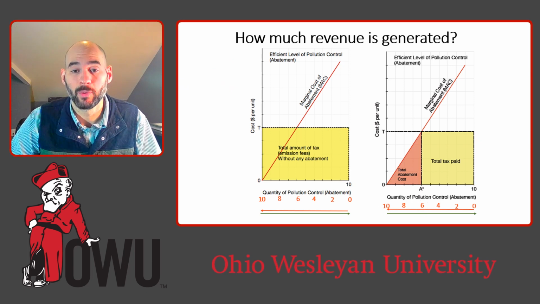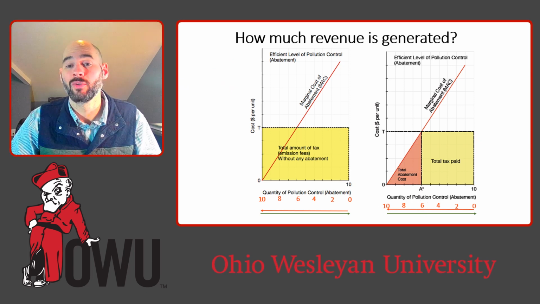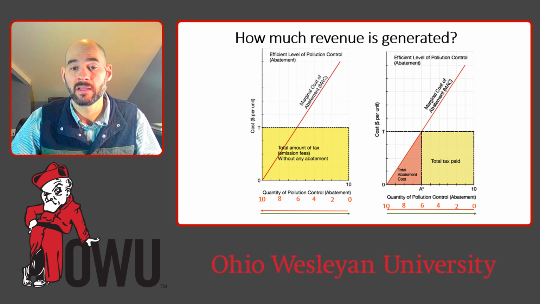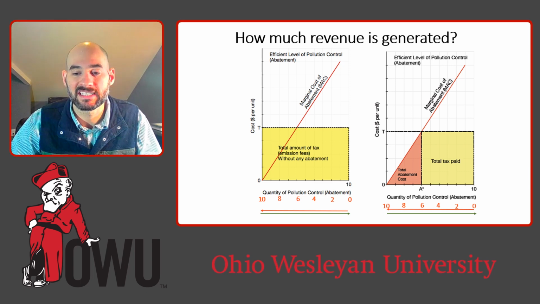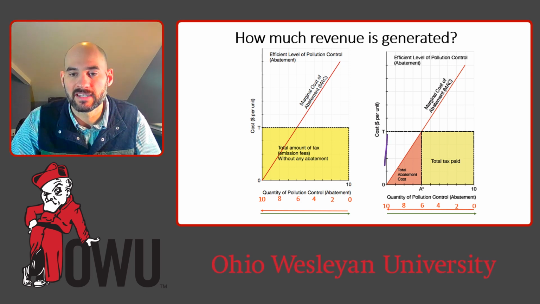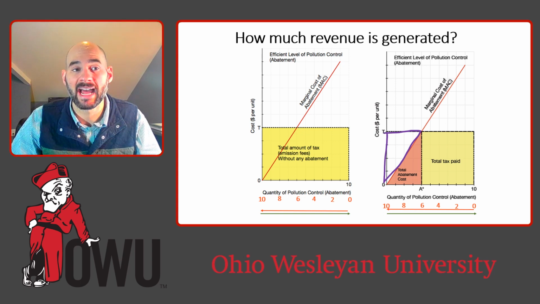So this graph also illustrates how the total cost to the firm, to the polluting party, is going to be reduced when they have that choice to abate and to reduce their pollution rather than just fully pollute and pay a tax on that pollution. And so they are saving this white triangle above the total abatement cost curve that they would otherwise be paying in the form of a tax.